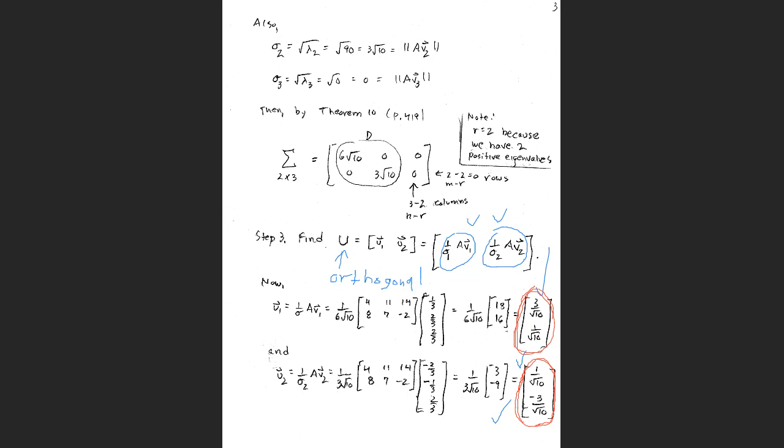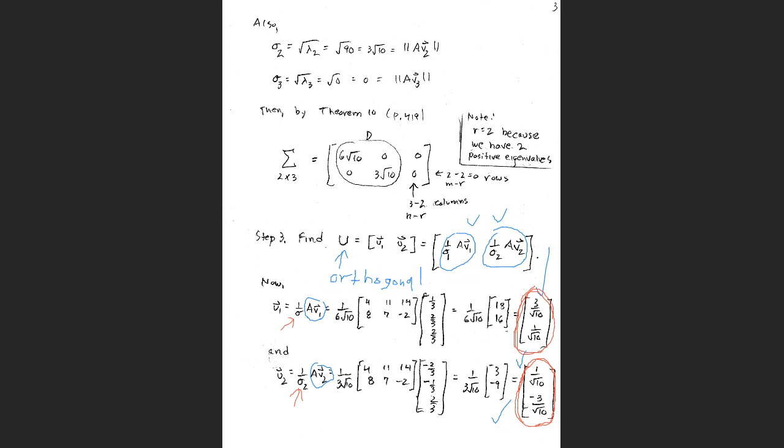Really what we need to do, orthogonality of the vectors u1 and u2 is dependent on the vectors Av1 and Av2. Dividing by the singular value sigma only scales those vectors, but orthogonality depends on what direction the vectors point.